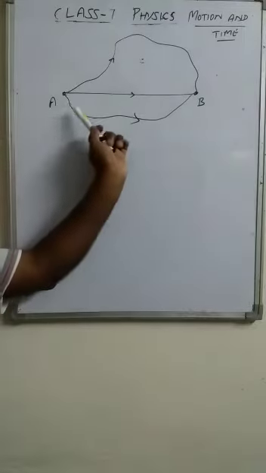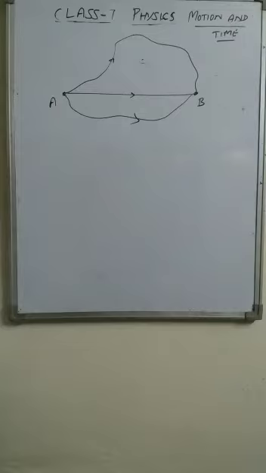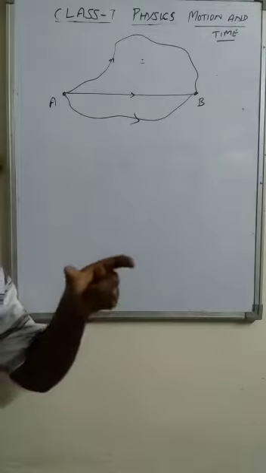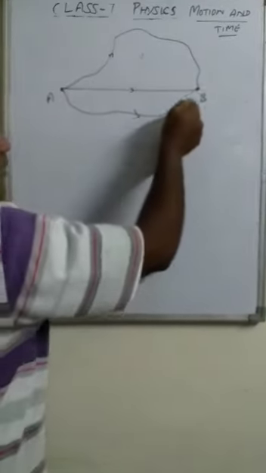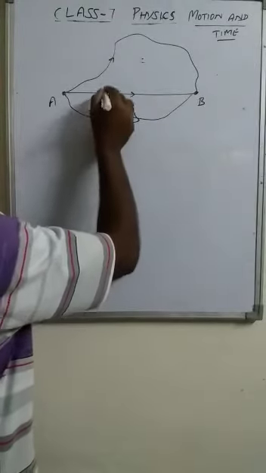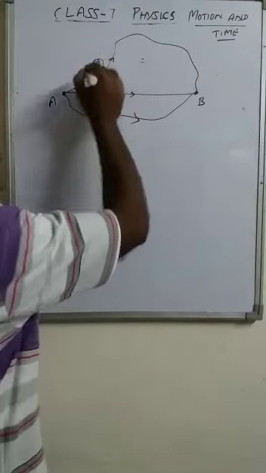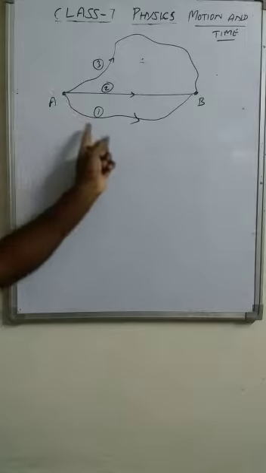Along every path the object moves from point A to B, it travels some length of path. If we measure the length from A to B along path 1, 2, 3, the object selected 3 paths. Along the first path, the length is different.